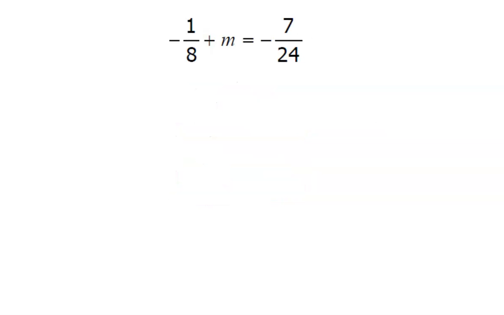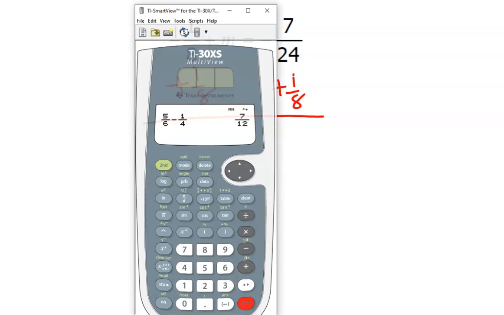All right, one more. Find your variable and perform the opposite of the constant. So that's a -1/8. So we're going to add 1/8. So -7/24 plus 1/8.